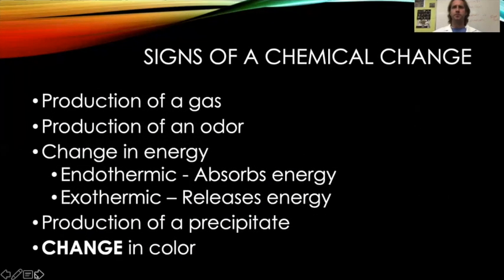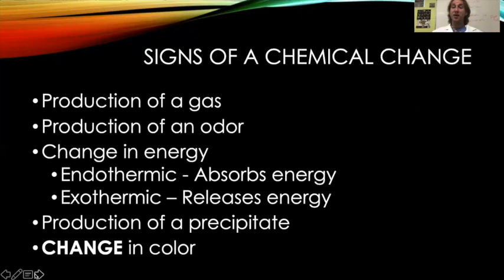If I let this sit long enough, it would actually settle out and we'd have little tiny solid flakes settle down to the bottom of our spot plate. Not only did we have a color change, we've also created a precipitate. Both of these should key us in that, hey, we have made something new. There has been a chemical reaction that has taken place.